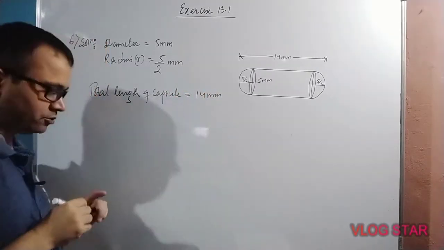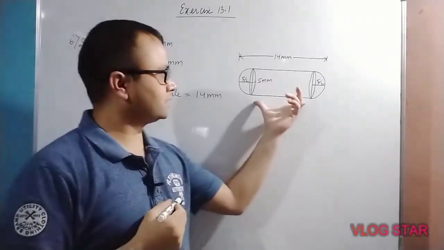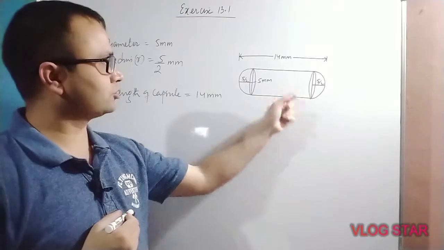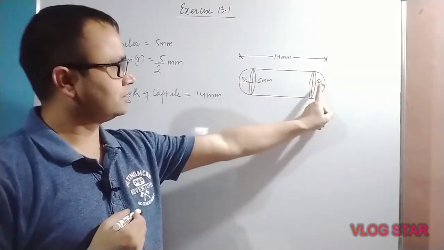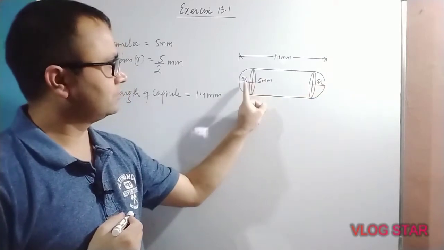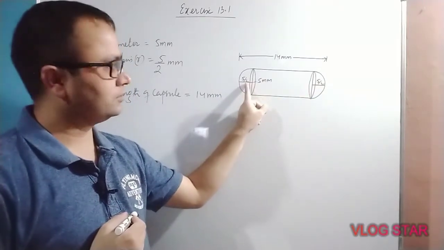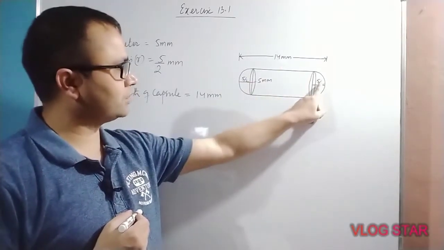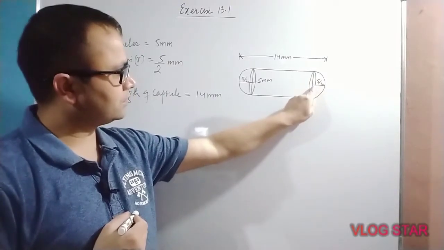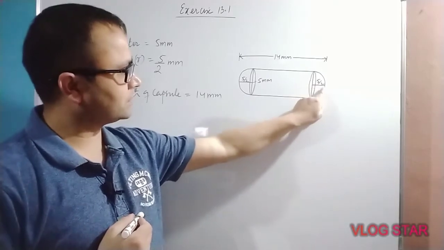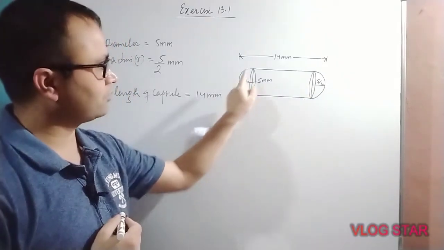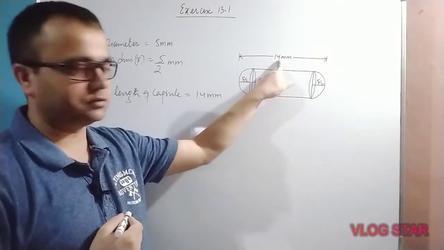Now first we have to calculate the length of the cylindrical portion. Length of the cylindrical portion equals total length minus 5 by 2 plus 5 by 2, that is, total length minus twice of 5 by 2. Why twice? Because the radius is 5 by 2 on this side and 5 by 2 on this side, and we need to subtract these two portions from 14 millimeter.